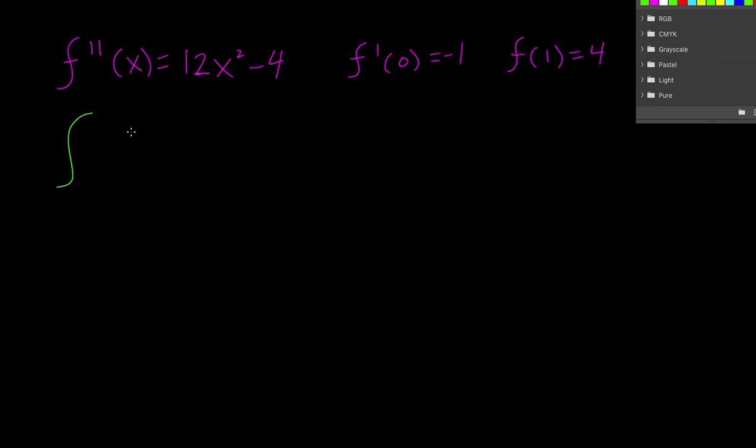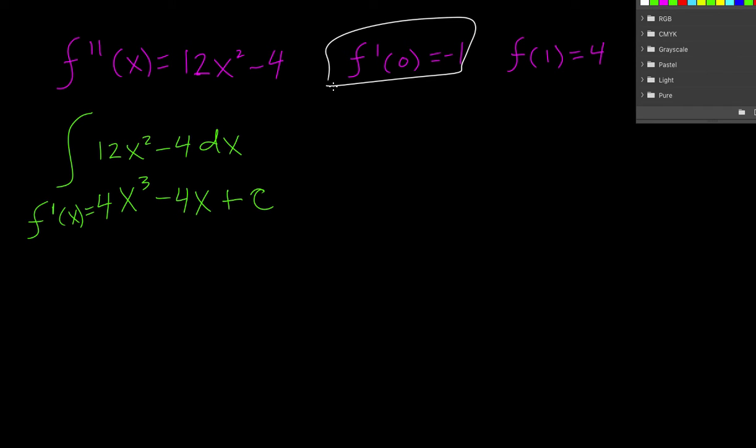So we take the antiderivative of the second derivative, raise that by 1. 12 divided by 3 is going to be 4. Then we end up with that. So remember, this is our first derivative now. And we have our plus c. All right. Now we're going to use this.